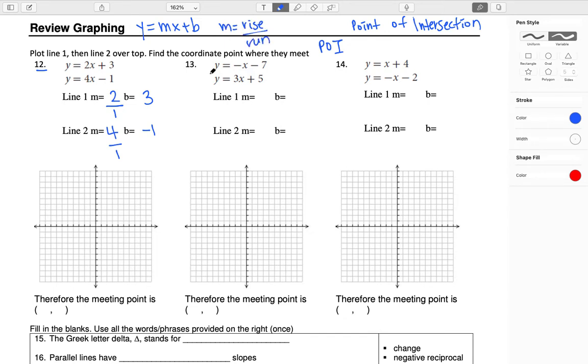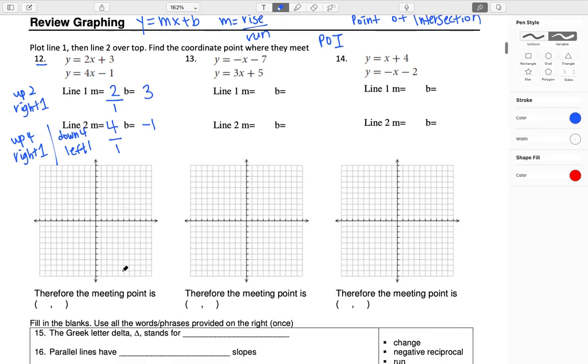So if you have +2 and +1, you're going up 2 and you're going right 1, up 4, right 1, or on the other hand, you could go down 4, opposite, and left 1, one or the other.